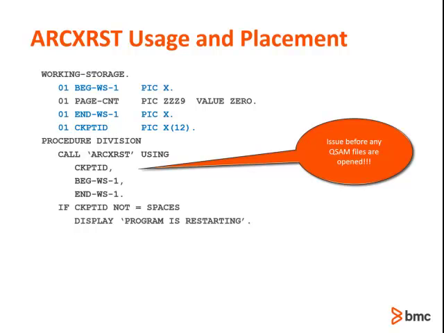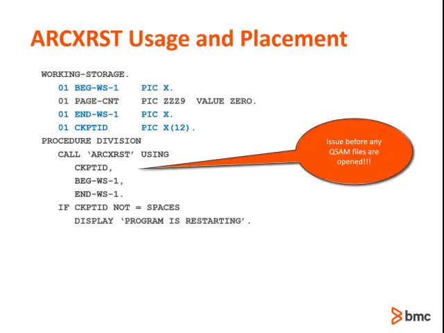The developer wishes to ensure that the variable page count does not reset to 0 after a restart, so that variable has been tagged on the ARC XRST call. This will cause the value of page count to be snapped off at each checkpoint. In the event of a restart, page count will be reset to the value as of the most recently completed checkpoint.